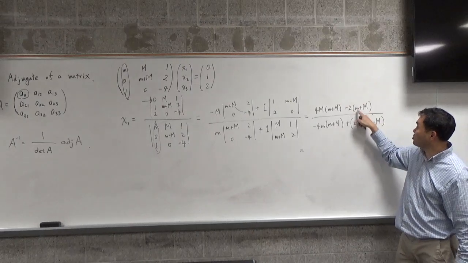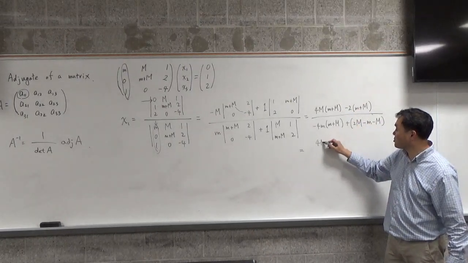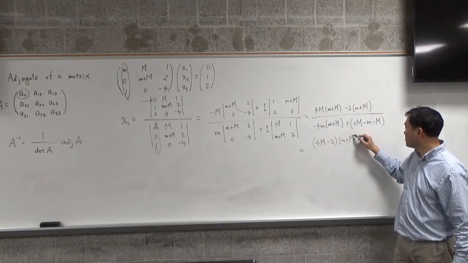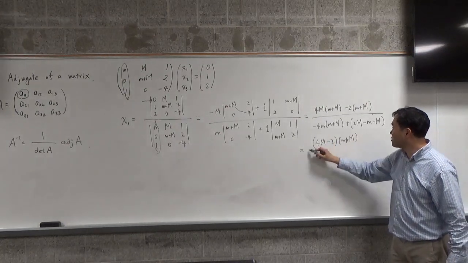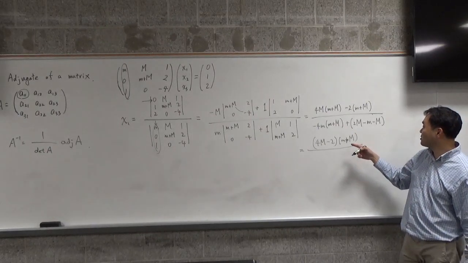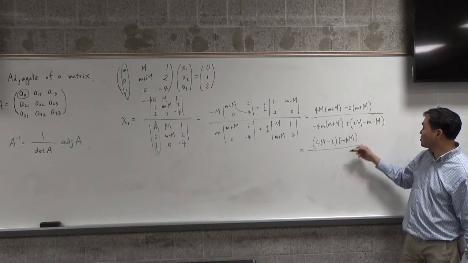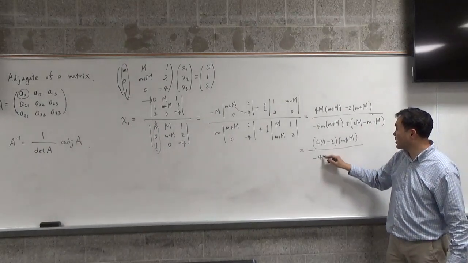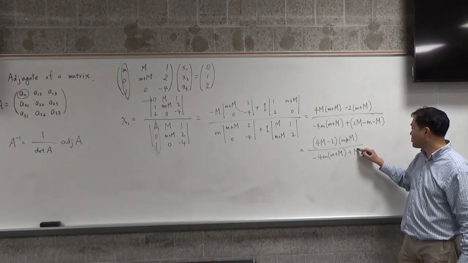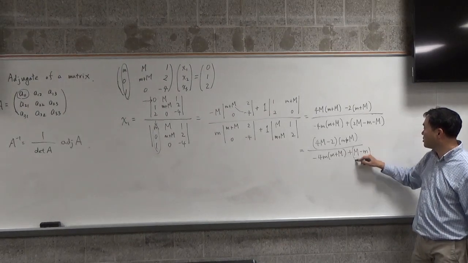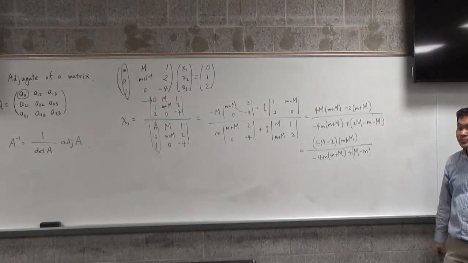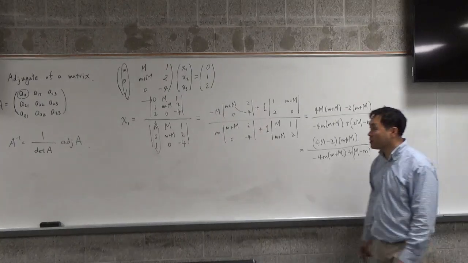I see that these two are common, so it will be 4 capital M minus 2 times m plus M. Whereas in the bottom, you can't do anything else, so let's just leave it as it is. So it will be negative 4m, m plus M, plus capital M minus small m, because 2m minus m is just m. So that's what we have for x1.